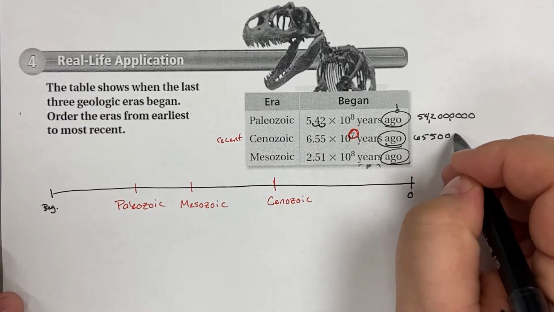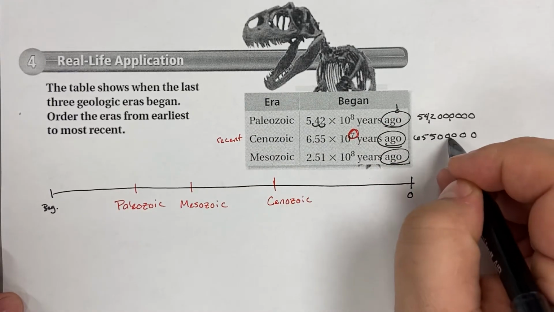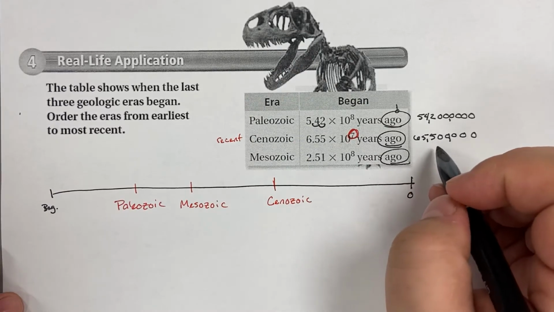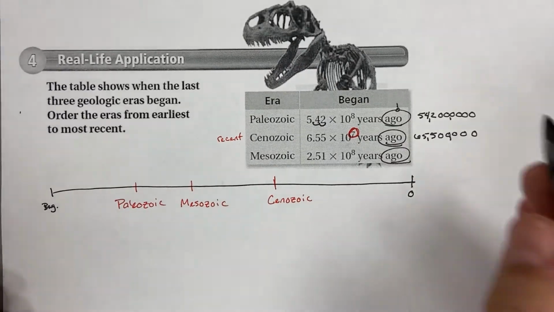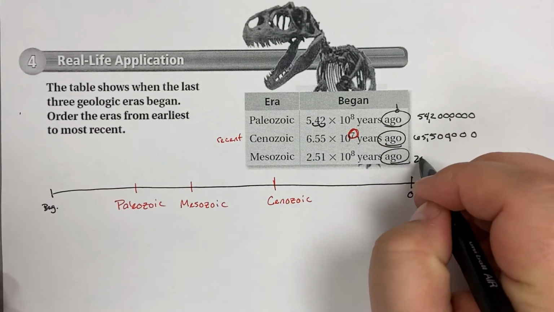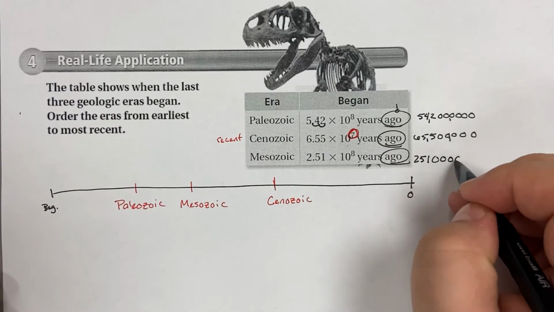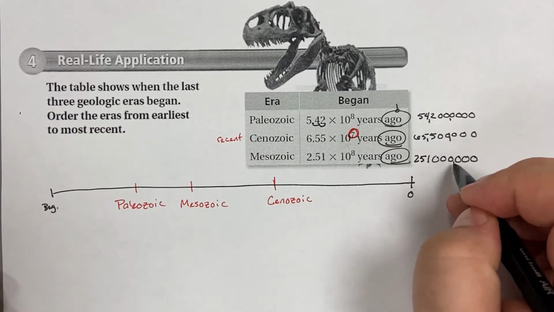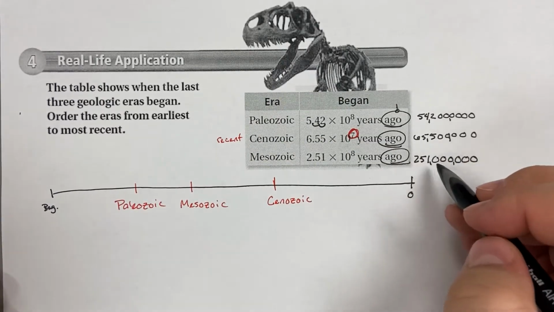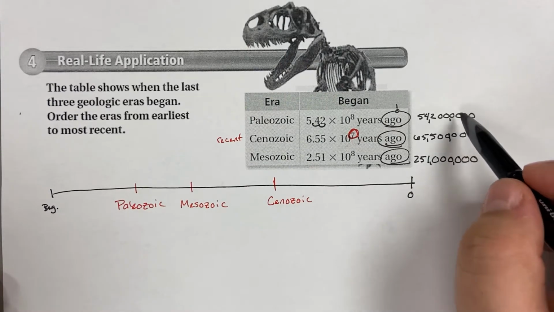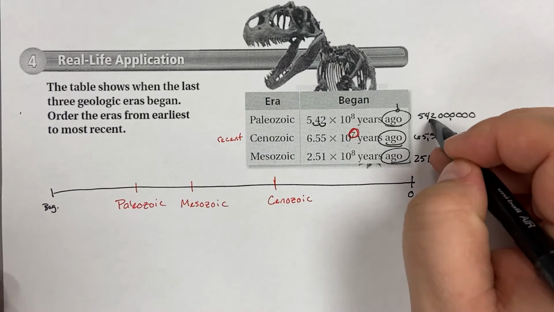So 1, 2, 3, 4, 5. 1, 2, 3. To 65,500,000 years ago. And this one would have been 2, 5, 1. Use 2 of those 8. So 1, 2, 3, 4, 5, 6. To 251 million years ago. So 1, 2, 3. Oh, yeah, I put a comma in the wrong place.